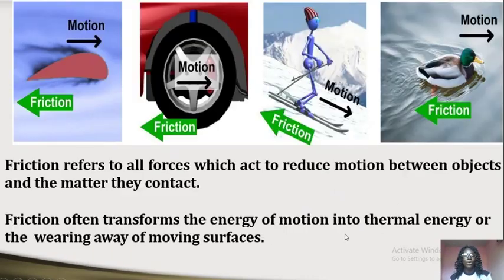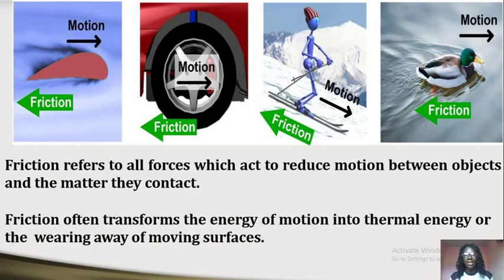Let's see more examples of friction. This is a tire, this is riding a bike, this is a car, swimming. Everything we see in our daily life has to do with friction. Friction refers to all force that reduces the motion of the object it is in contact with. Anything you're in contact with is called matter, so it might not really be an object.